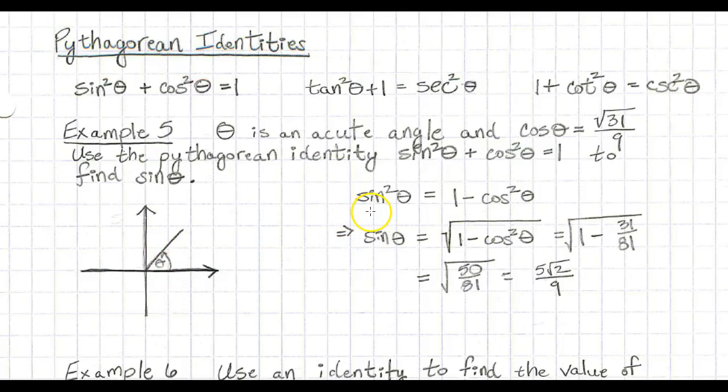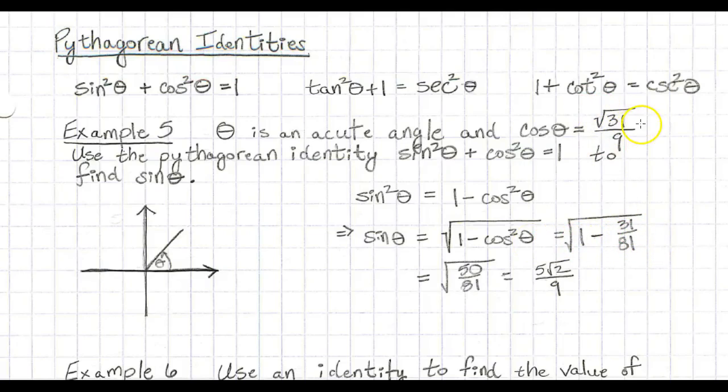Since sine squared theta plus cosine squared theta equals 1, that tells me sine squared theta equals 1 minus cosine squared theta, which tells me that sine of theta, take the square root of both sides. Now technically I probably should put plus or minus, but not really, because I know sine is positive over here in this first quadrant. So sine of theta is the square root, because it's the positive square root, of 1 minus cosine squared theta.